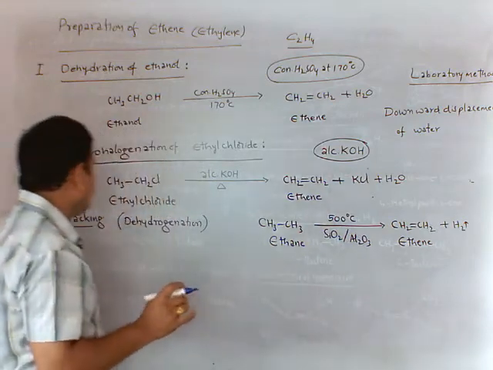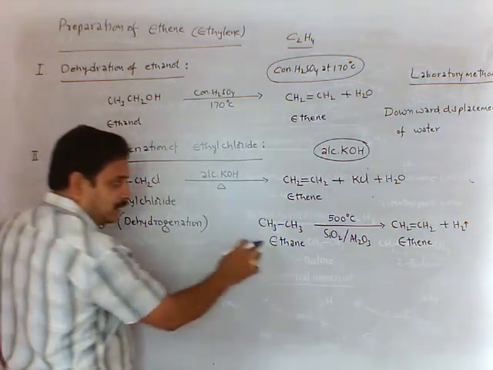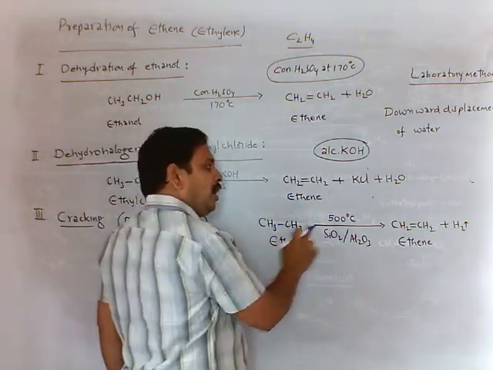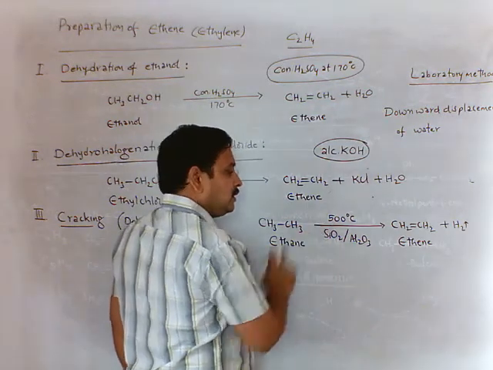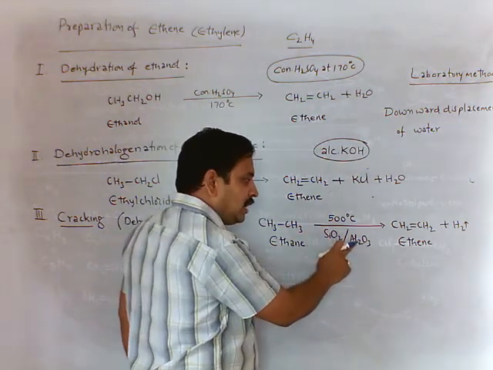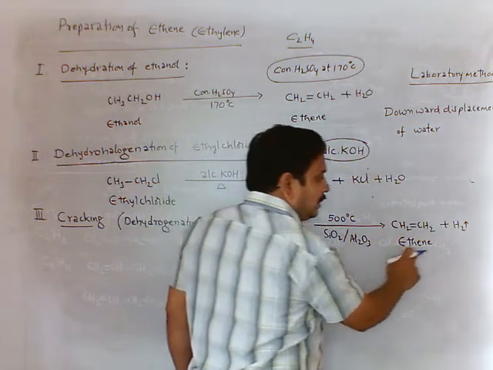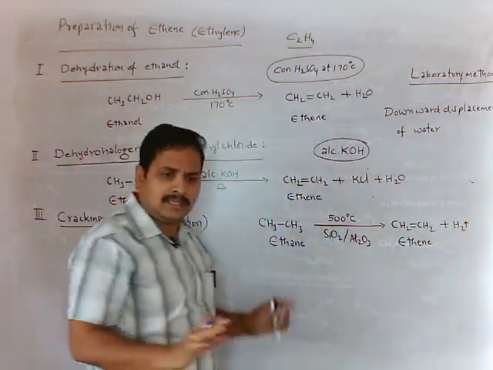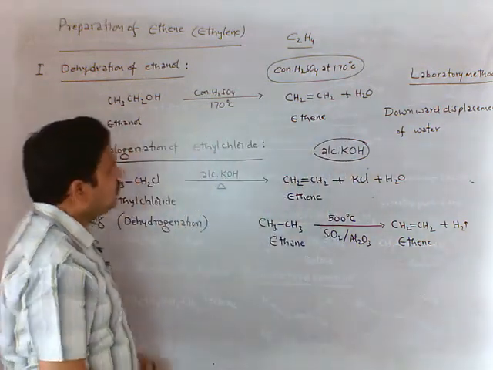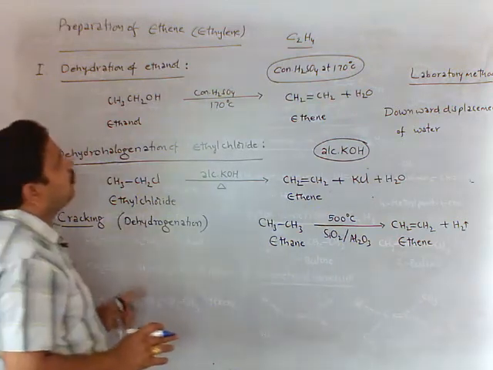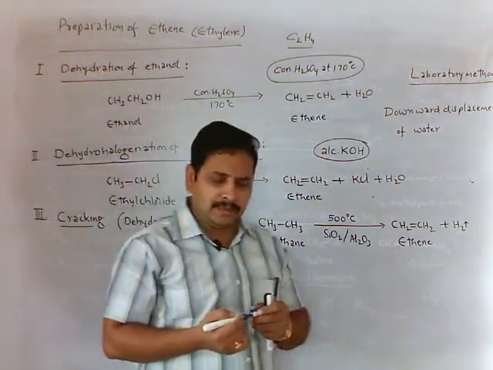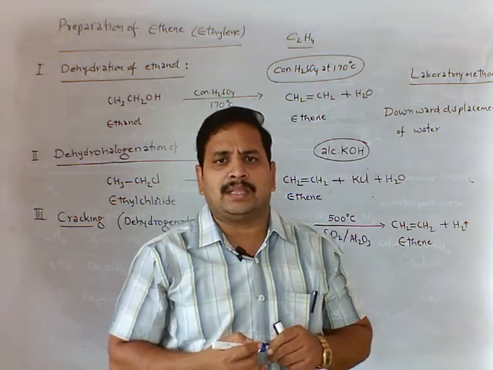This is cracking of ethane at 500 degrees Celsius in the presence of silica or alumina, giving ethene and hydrogen. That is the sentence formation. This is about preparation of ethylene or ethene by different methods.